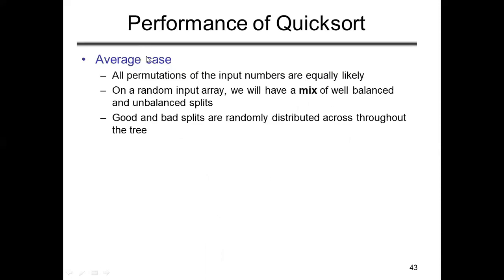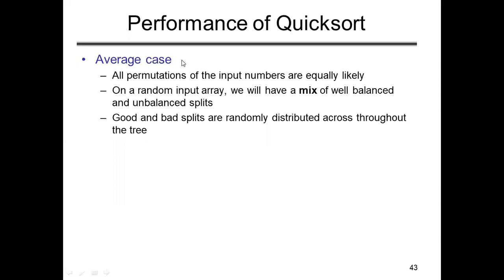Now the average case performance. We have already considered worst case performance and best case performance. In the worst case, the given array elements are already in sorted order. In the best case, the array elements are divided into two parts, two halves.